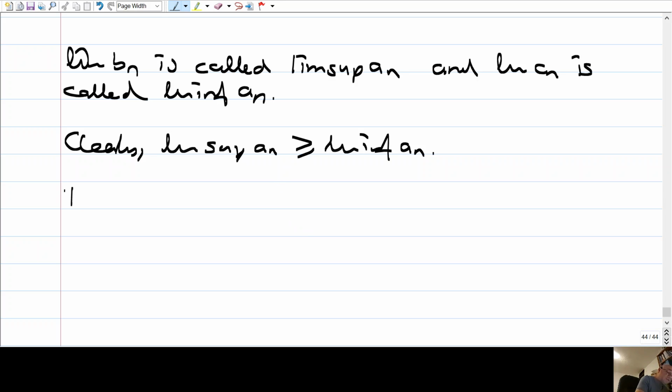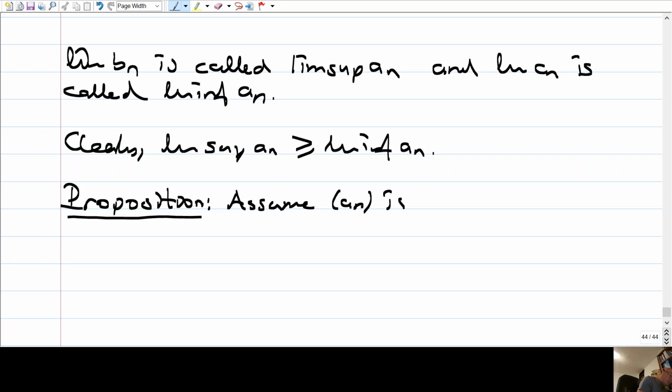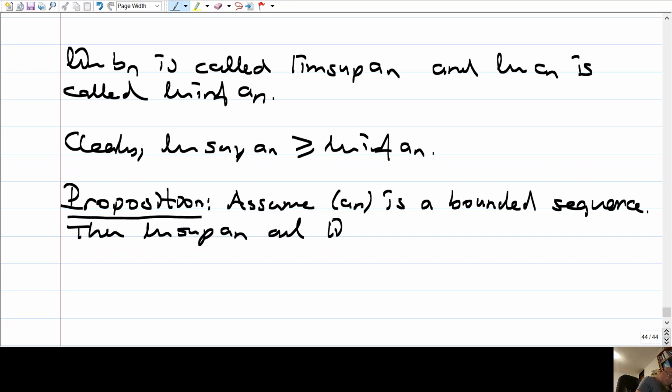So there is a relation between all these limits, and here is the actual observation. Let me write it as a proposition. Assume an is a bounded sequence. Then lim sup an and lim inf an both exist.